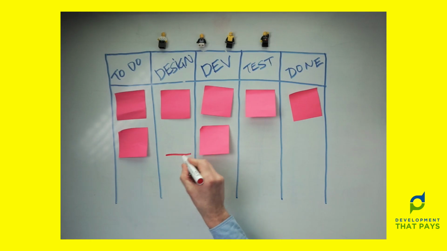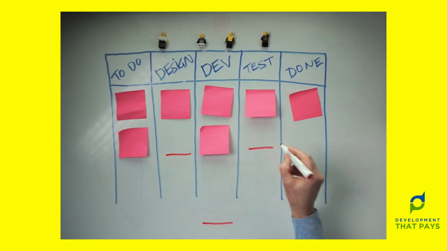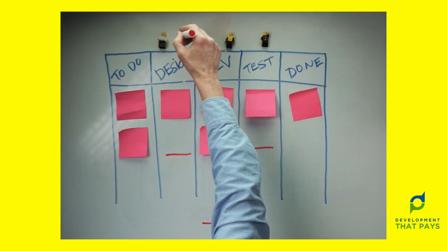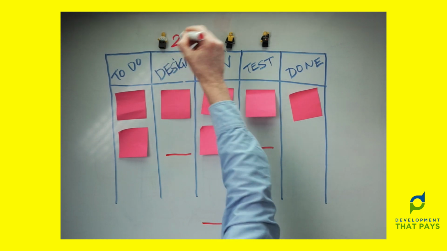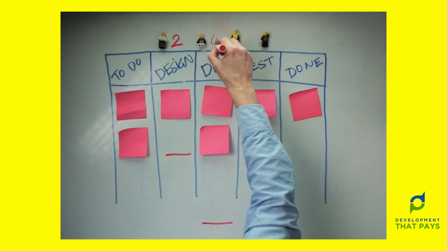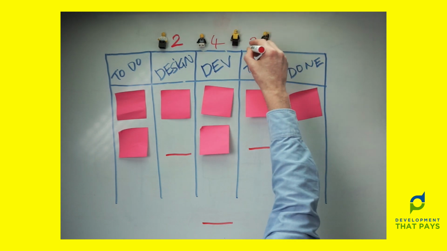And the first of those benefits come when we add back those work in progress limits. I'm going to go for here, here, and here. Reflect them at the top for the electronic version. Let's go for 2 here, 4 here, and 2 here.